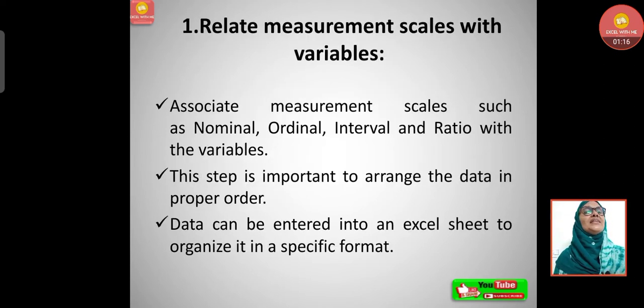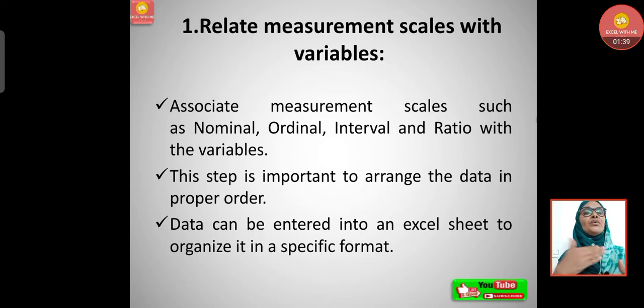Now let's see different data analysis steps. First step is relate measurement scales with variables. That means associate measurement scales such as nominal, ordinal, interval and ratio with the variables. Already we have discussed these measurement scales in the previous class.